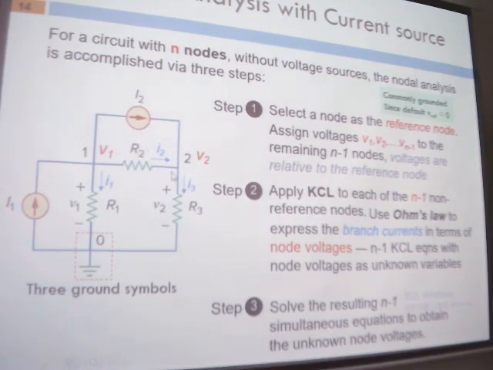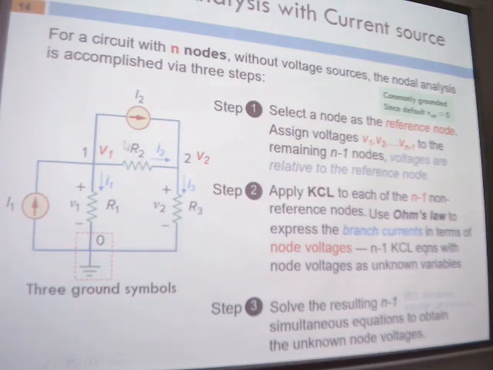V1 minus V2 over R2. It's the voltage on R2, which is the voltage difference between node 1 and node 2, so it should be V1 minus V2. The voltage difference is equal to I2 times R2, so I2 equals V1 minus V2 over R2.